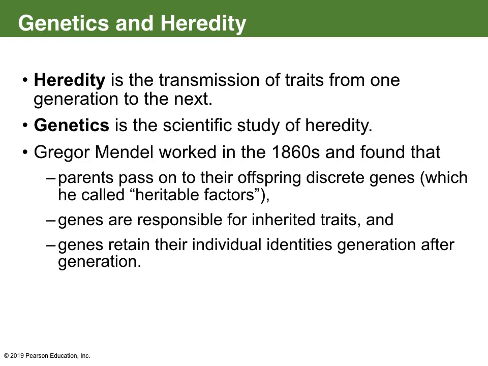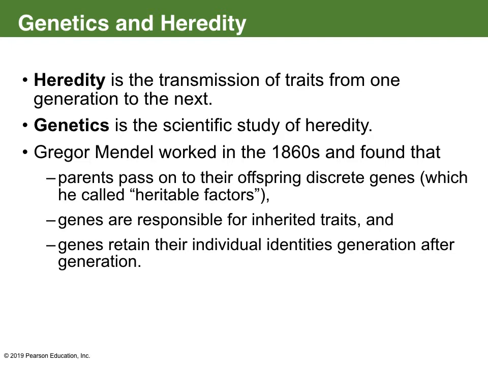Well, some became scientists. So part of the day was spent in religious activity, and the rest of the day, often people took up some very interesting, in-depth pursuits. Anyway, Gregor Mendel, back in the mid-1800s, found that parents passed on to their offspring discrete genes.